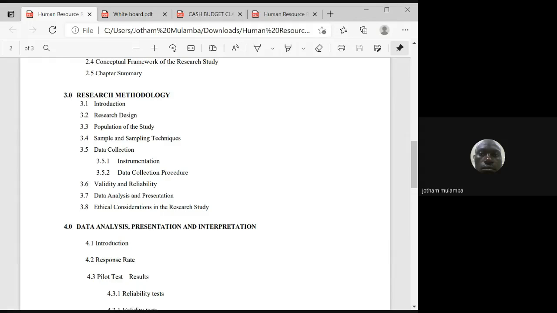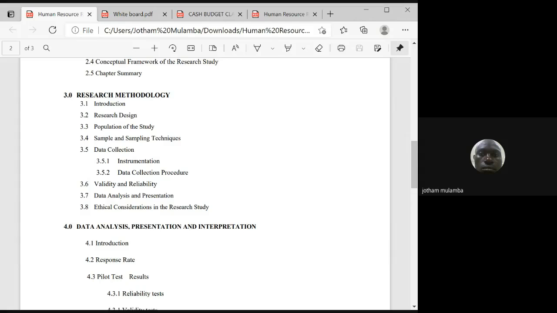So chapter 3.1 is introduction. As usual, we will give you the chapter introduction. You tell us what we expect to see under chapter 3. So just narrate. Under this chapter, we discuss research design, population of the study, sample and sampling technique, data collection, validity and reliability, data analysis and presentation, ethical consideration in research study.